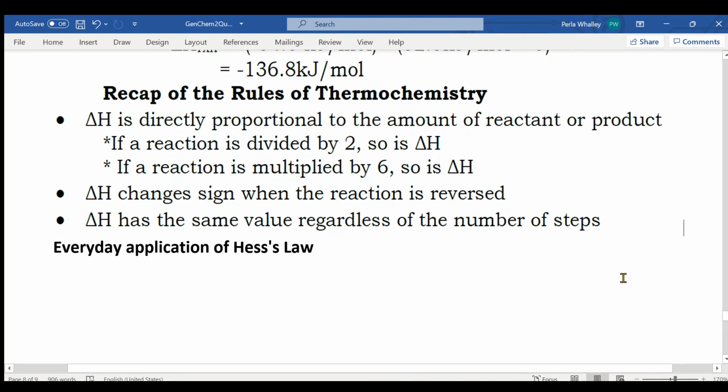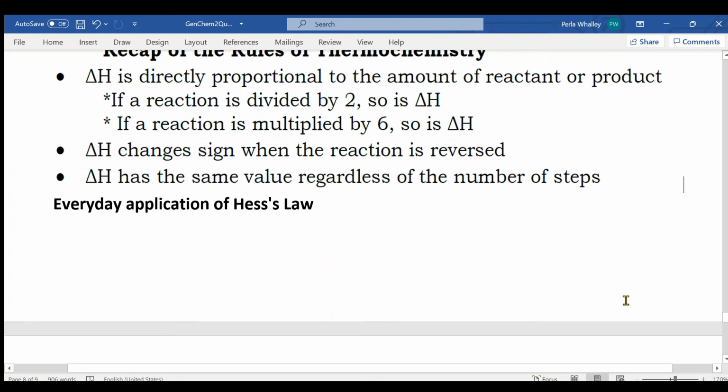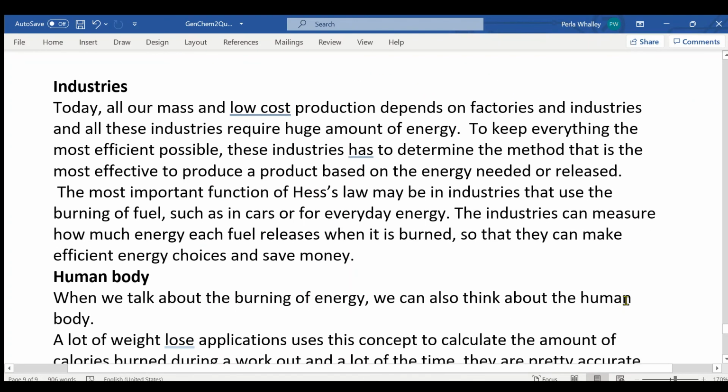Now, let's go to everyday applications of Hess's Law. Industries. Today, all our mass and low-cost production depends on factories and industries, and all these industries require a huge amount of energy. To keep everything as efficient as possible, these industries have to determine the method that is the most effective to produce a product based on the energy needed or released.